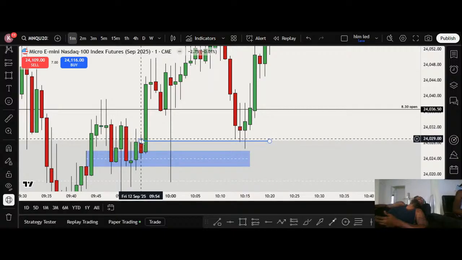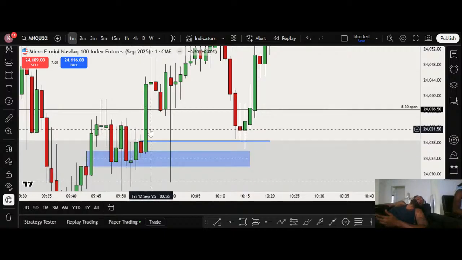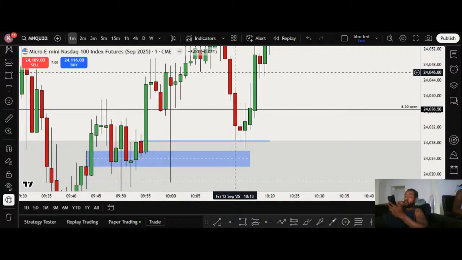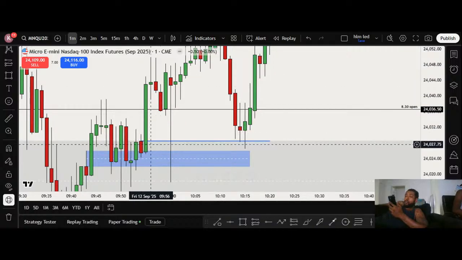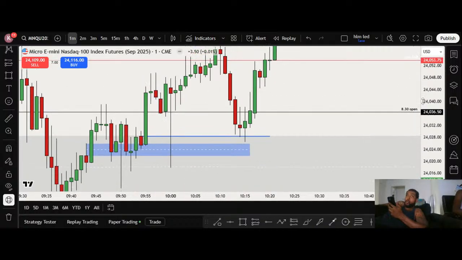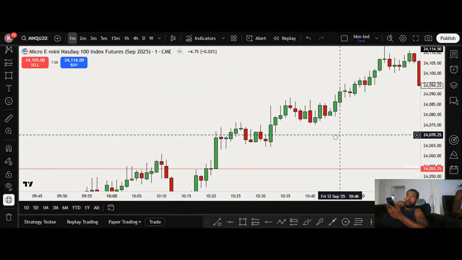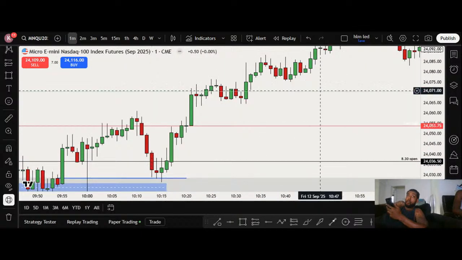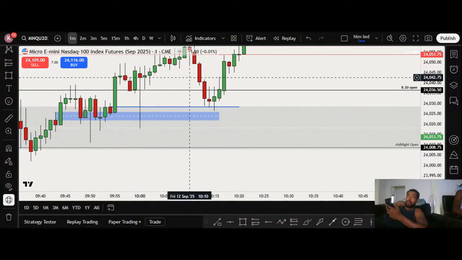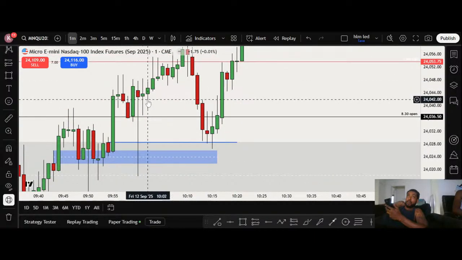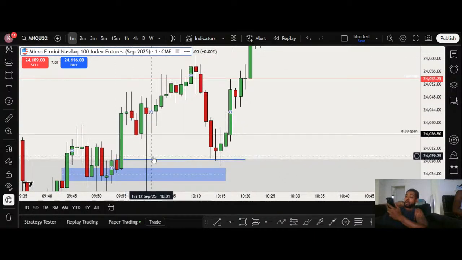So if you see us push away from this propulsion block and we come back and retest it, you want to see that. You want to see the market do exactly what it did here, right here. You see how the propulsion block was created here?